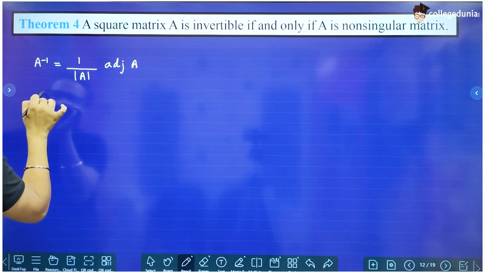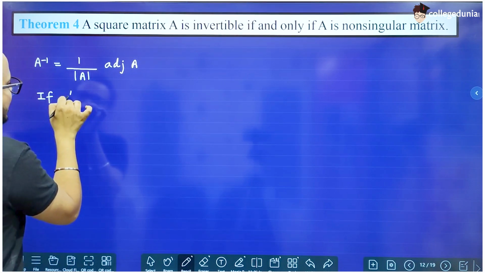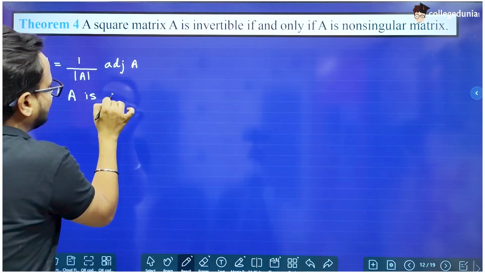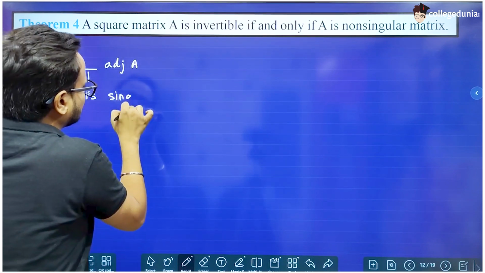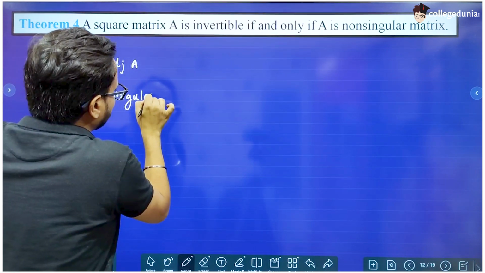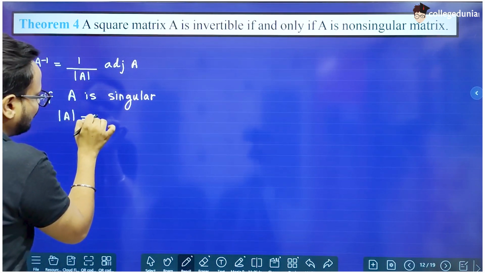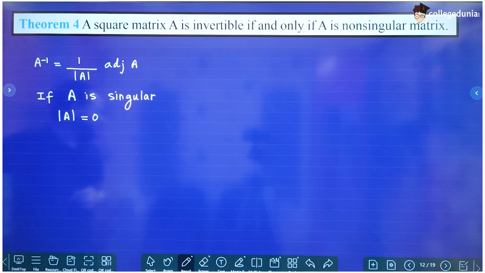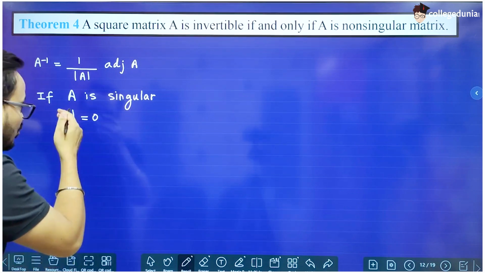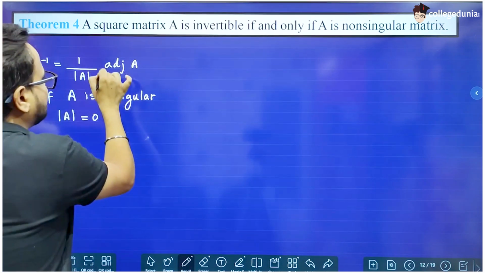Now, if A is singular, the determinant value of A is 0. If A is singular, then determinant value of A is 0, and you cannot divide anything by 0.